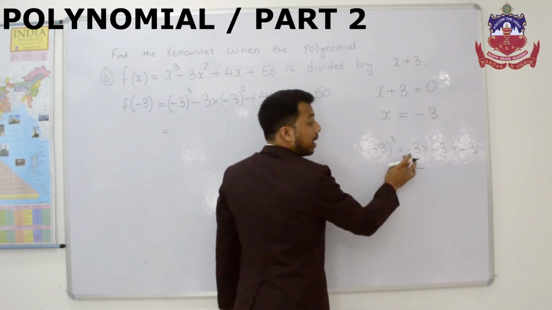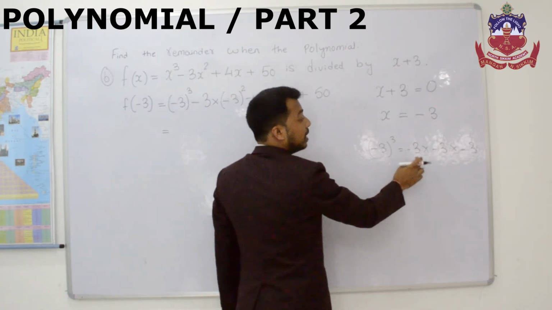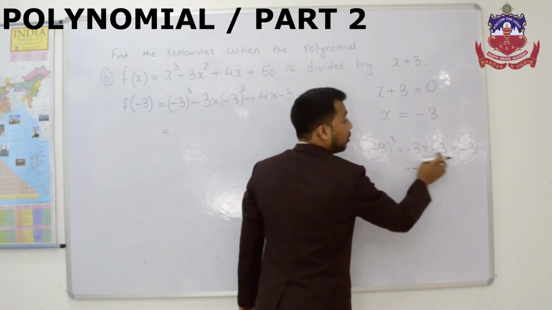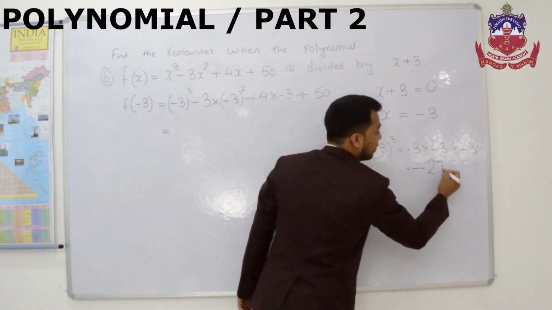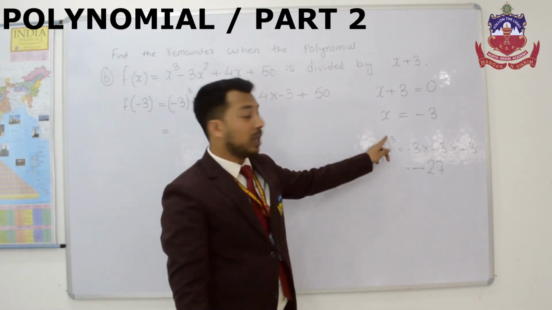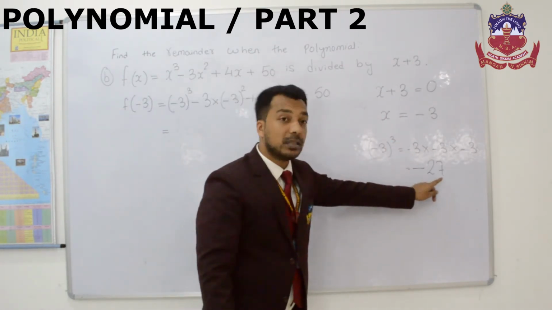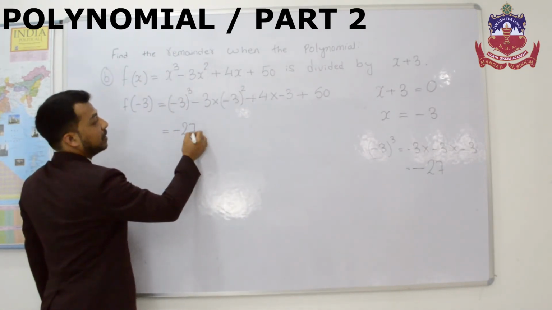So when we multiply the minus 3 times, the sign that we get is minus. Now let's multiply 3: 3 3s is 9 and 9 3s is 27. So the answer for minus 3 to the power 3 is minus 27. So we write out here minus 27.